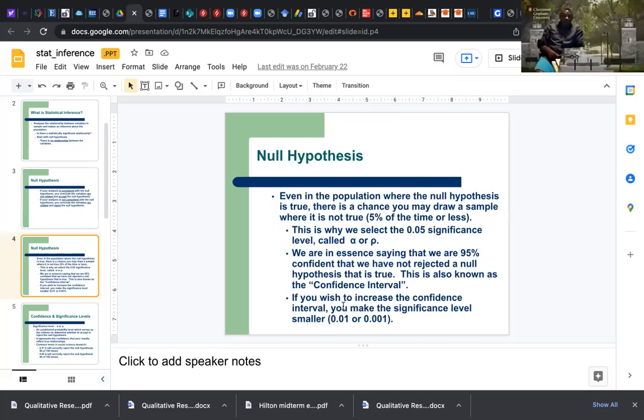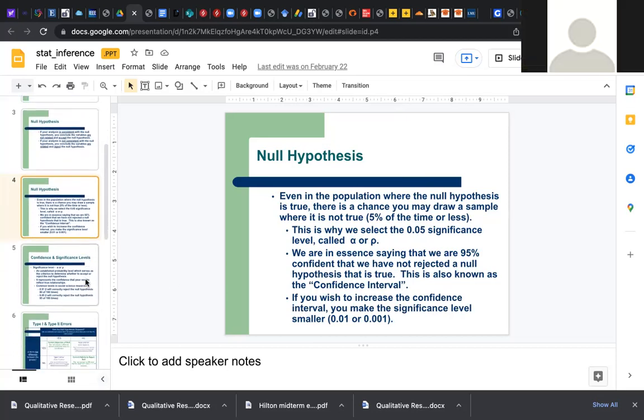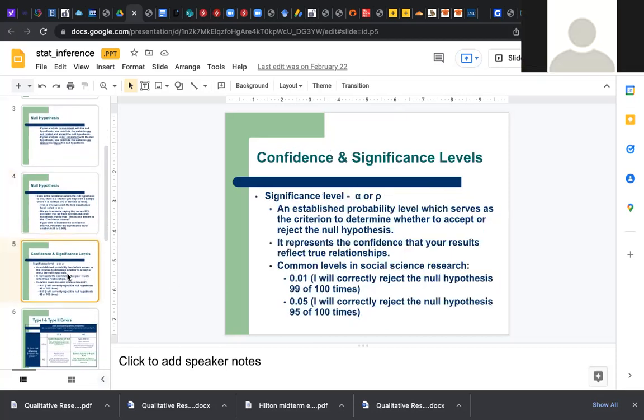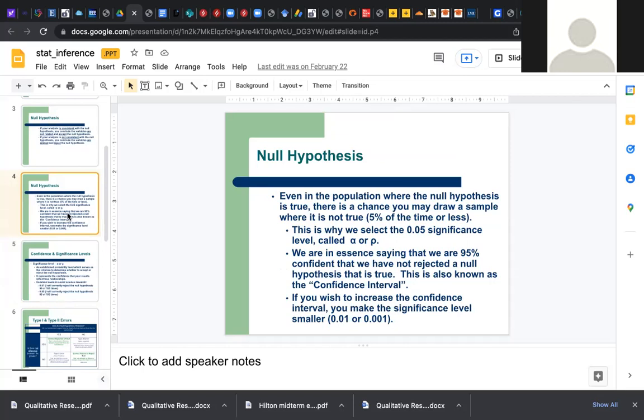Okay, yeah, Ibrahim, what are you saying? Yes, sir. We are trying to reject the null hypothesis. Then if we fail to reject, we go to the alternative. Is that correct? Yes. It's either you accept or you reject the hypothesis. When you reject the null hypothesis, it means that the alternative hypothesis stands.